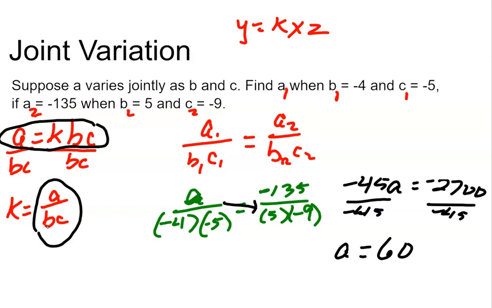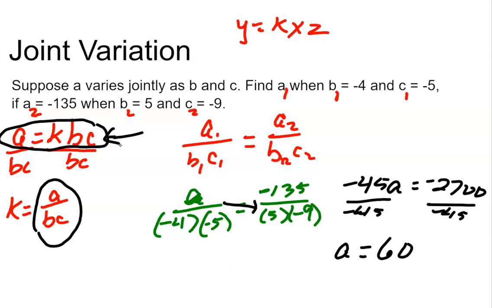So if I use this equation right here, A is 60. If I take 3 times my B, which is -4, times my C, which is -5, I still get 60 there.